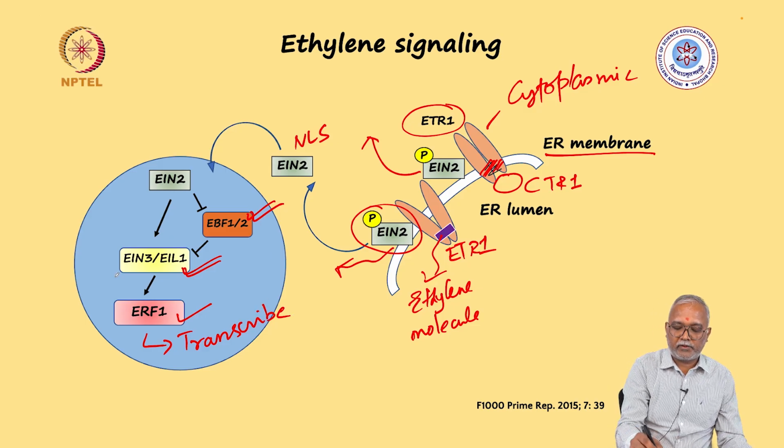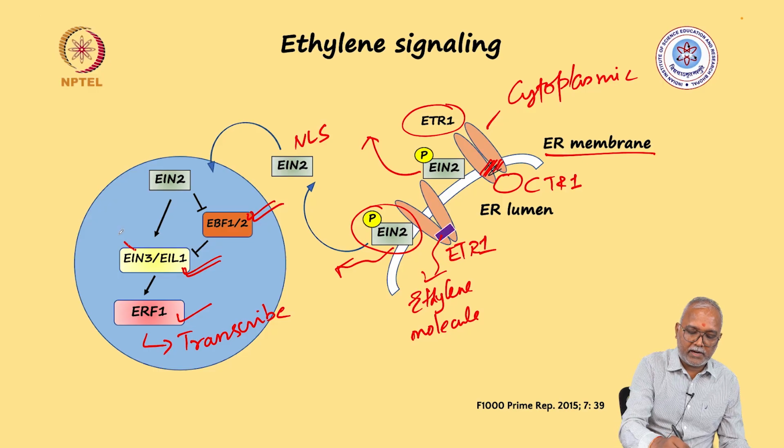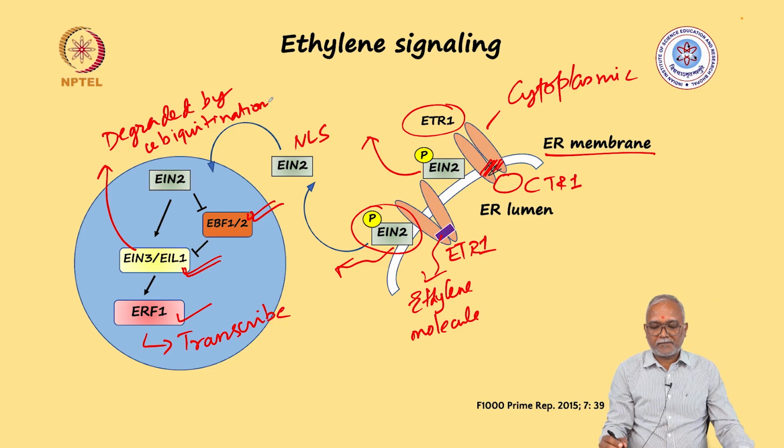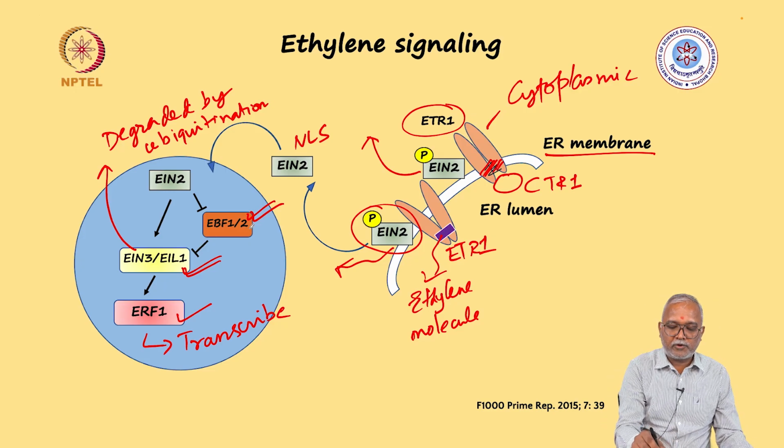This is happening because the EIN3 and EIL1 complex is degraded by ubiquitination. So in absence of ethylene, EBF1/2 is inhibiting or degrading the EIN3 EIL1 complex, which was sending the ERF1 a signal for transcription. So in absence of ethylene, there is no signal for transcription.